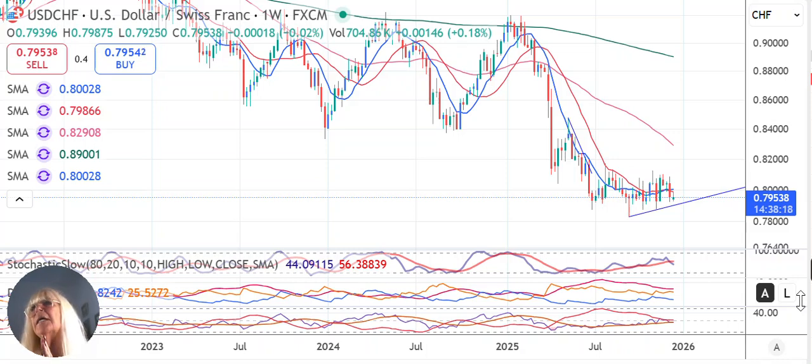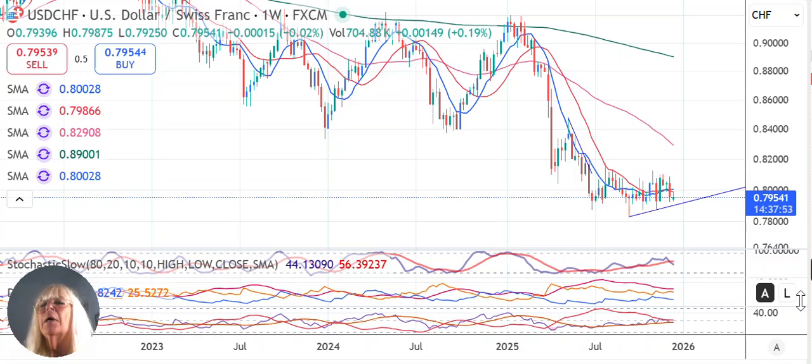This consolidation phase really is the only time we've seen on a weekly basis the market slowing down and taking that breath. And with the weekly indicators now turning bearish, you've got to look at the longer term charts. You really have to.